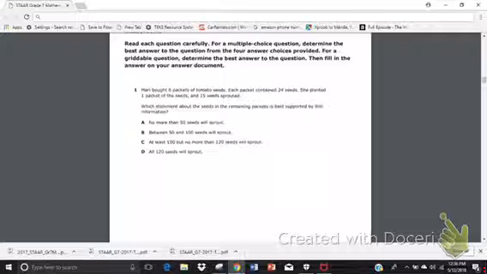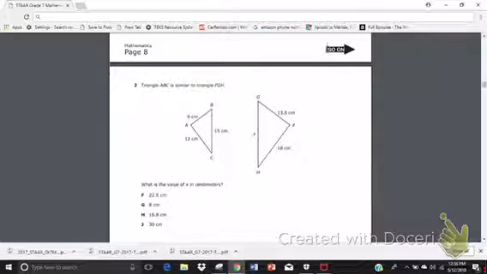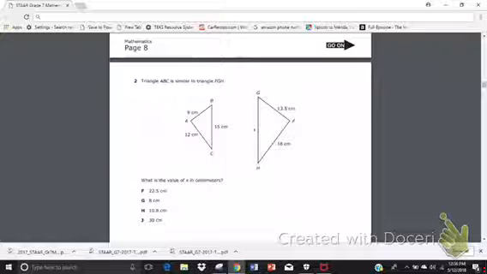Number 2. Triangle ABC is similar to triangle FGH. That's a keyword, kiddos: similar. The question is asking what is the value of X in centimeters. First of all, let's find the corresponding sides.